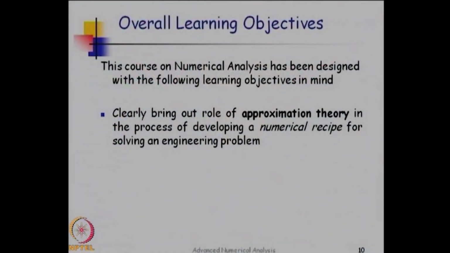So the first thing that I want to do here is to clearly bring out the role of approximation theory in the process of developing a numerical recipe for solving an engineering problem. I am deliberately using the words numerical recipe.